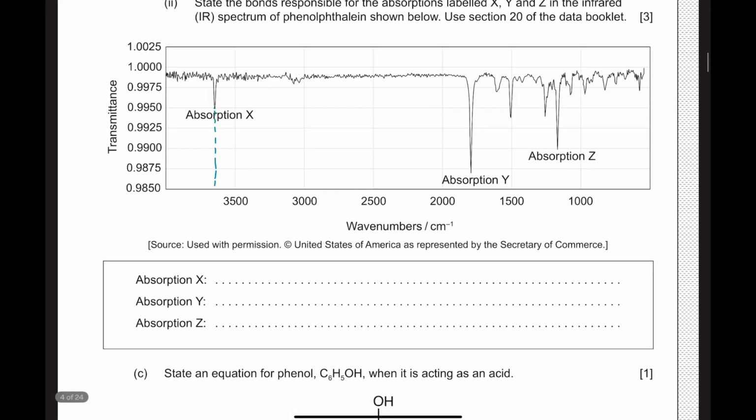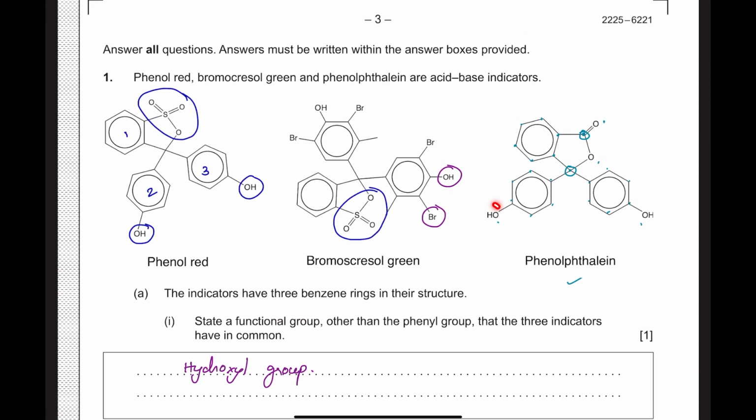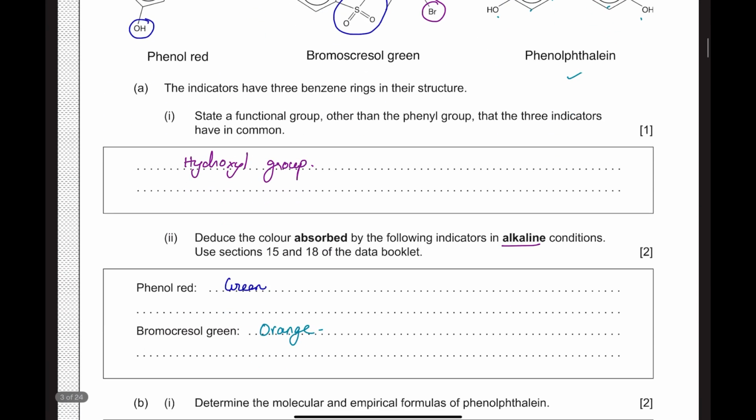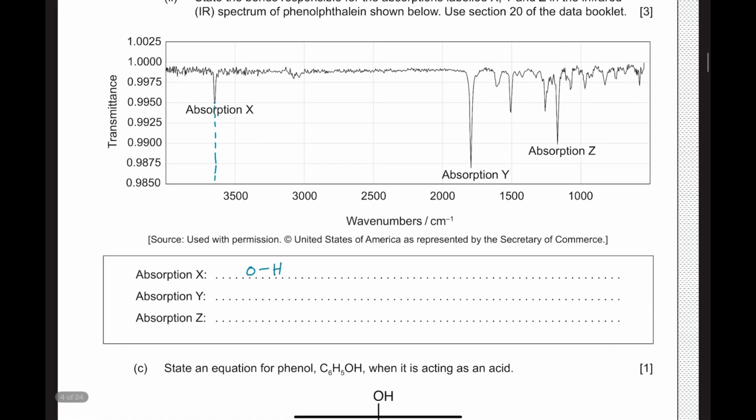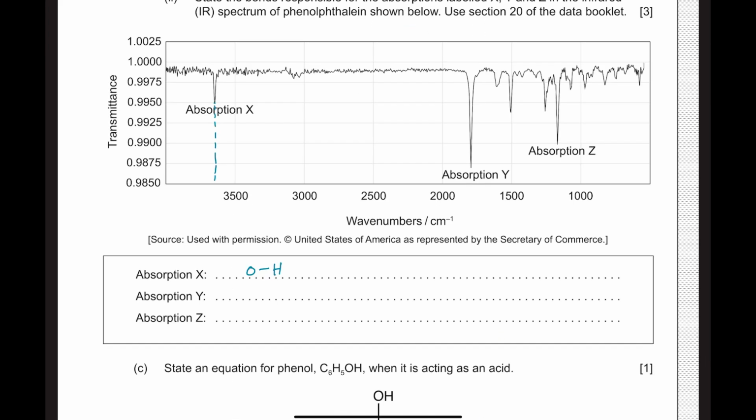The first one would be OH, as in any of these groups, these two. Fine. Next one is in between 1500 and 2000. Probably a C double bond, but we'll just check once. Yes, C double bond in aldehyde, ketone, esters, carboxylic acid is between 1700 and 1750, which is a pretty strong intensity, right?